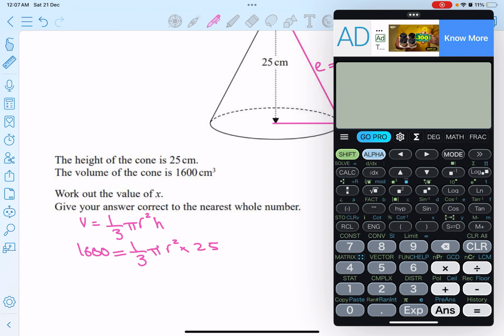Multiply by 3 on both sides and divide by 25 on both sides. It's going to be 192 is equal to pi r squared.